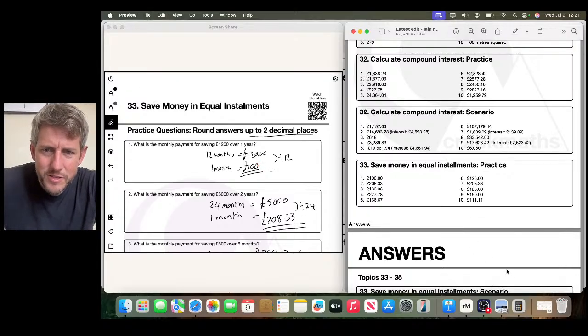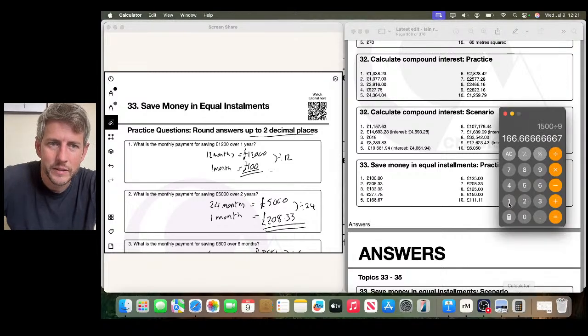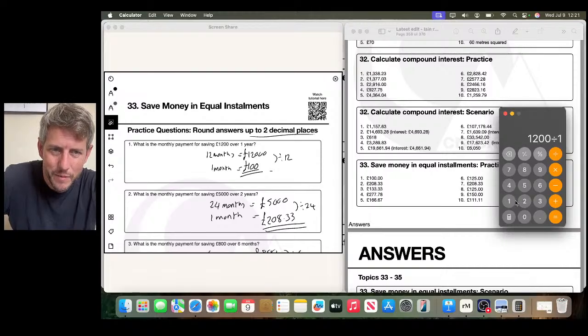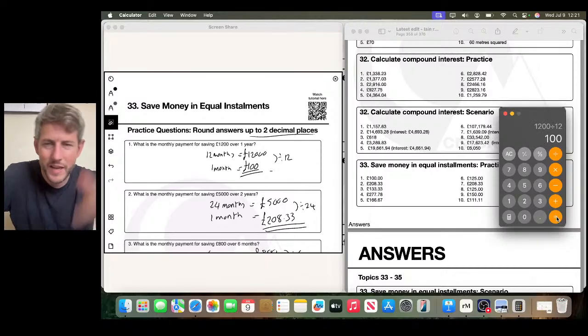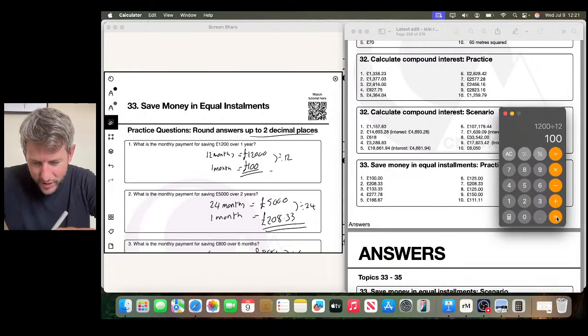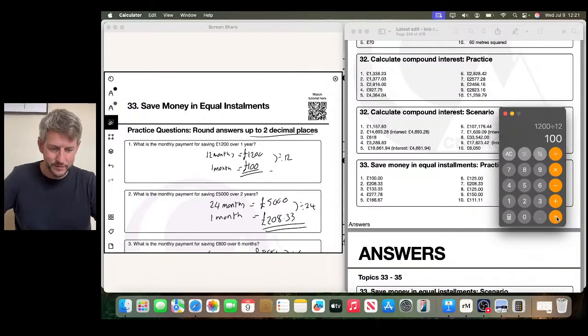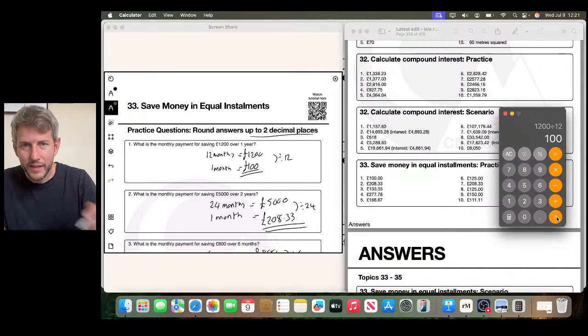In fact, let's just check that out. 1,200, yeah, divided by 12. Oh, that's where I went wrong. I added an extra 0 in my calculation. So yes, that is 100, but 12,000 divided by 12 was 1,000. Right, there we go. Let's fix that. Okay, right. That is fine.